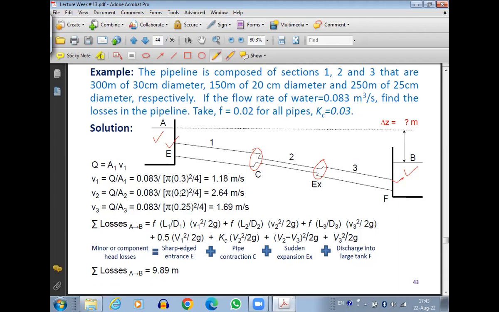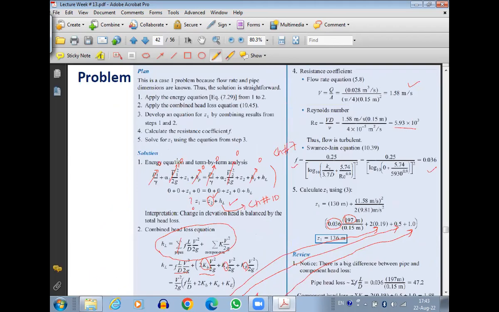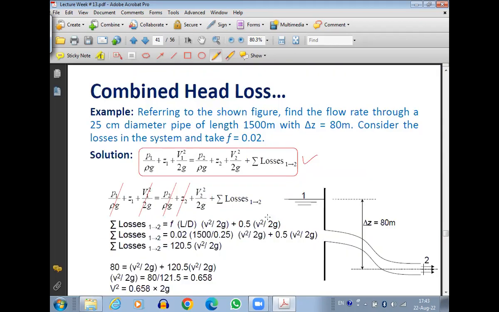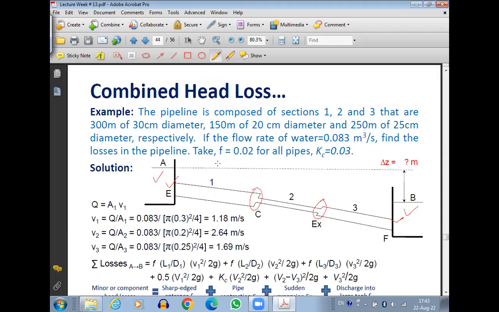Okay. But in this case, there is one more difference. You have to consider the three pipelines. In the previous case, we added the three pipelines together. Here we added the three pipelines, 197. Why? We added 60 plus 7 plus 130 because the diameter was not changing. Now in this case, the diameter is changing. So you cannot directly add the lengths together because this length will have a different velocity, this one will have a different velocity, this one will have a different velocity. So you have to first find out the three velocities using the continuity equation.